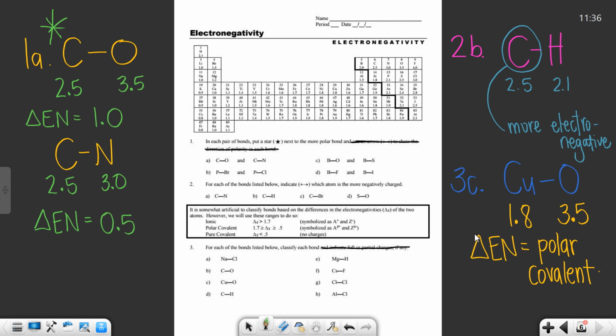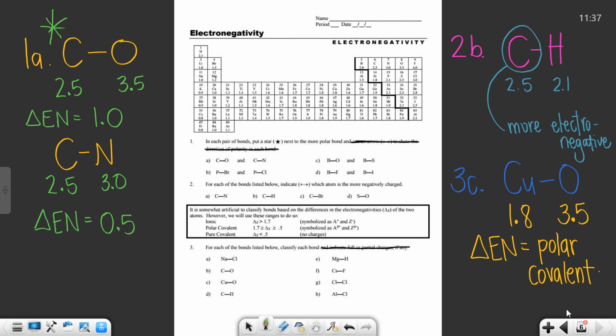So 3C was the example. Copper is 1.8, oxygen is 3.5. Subtract those two, you get 1.7, and the bond is polar covalent. So that should be 1.7, and then polar covalent is underneath that. Sorry about that. All right, but that is determining types of bonds.